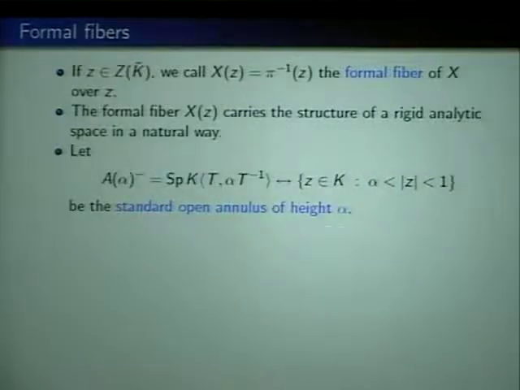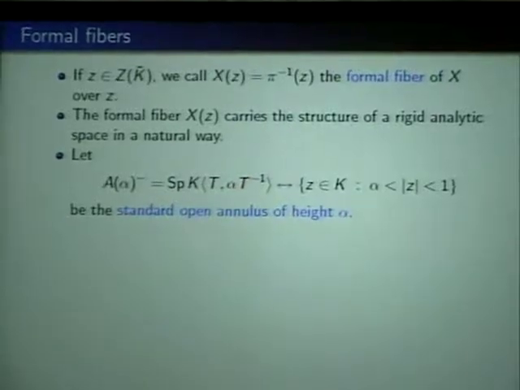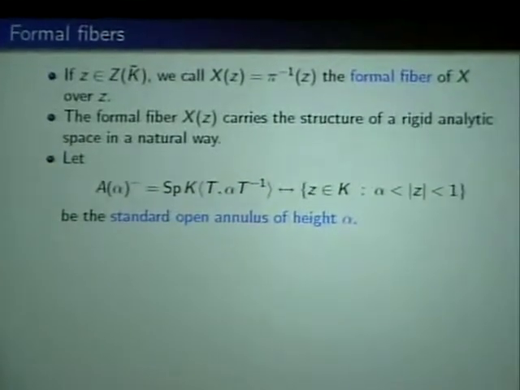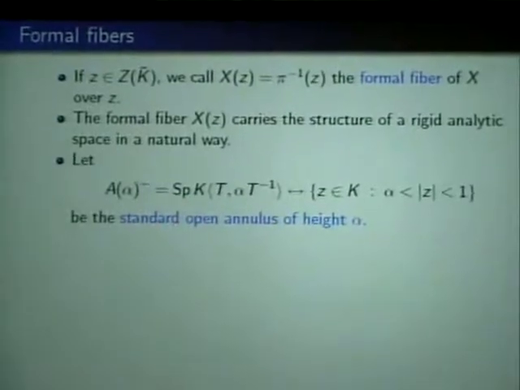And the open, oh, I'm sorry. I had a closed annulus and an open annulus, and I deleted one of them and I was supposed to delete this. So this was describing the closed annulus of height alpha, and then this is sort of the formal fiber over the singular point of that.